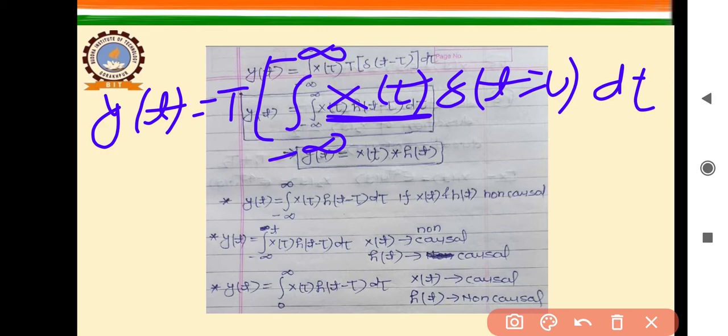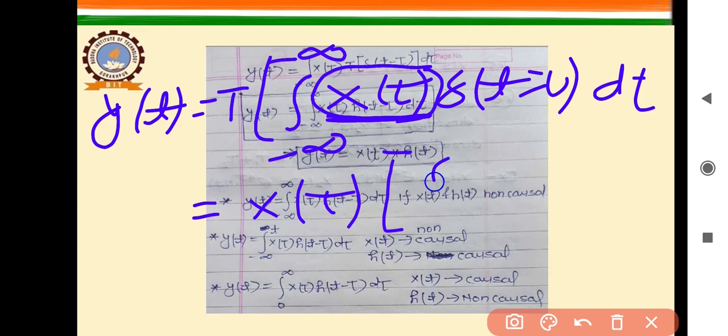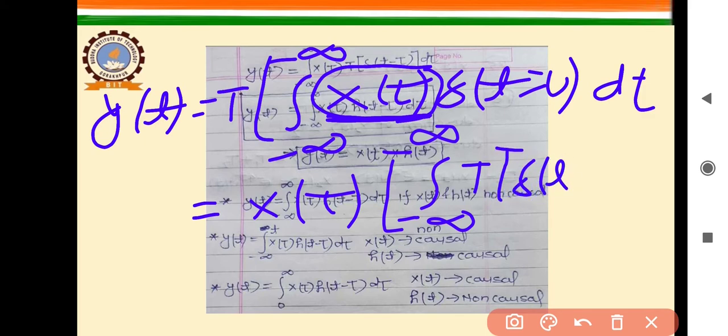So x of tau is a constant amplitude of the signal. We will put this constant outside of the integration. It will become x of tau, integration from minus infinity to plus infinity, transformation of delta of t minus tau d tau.